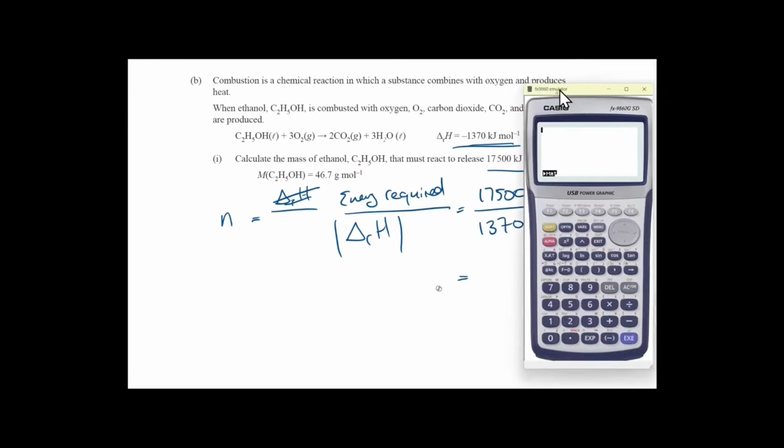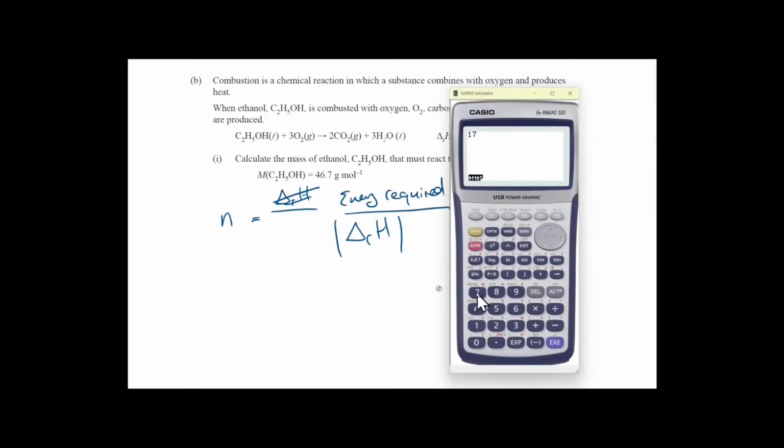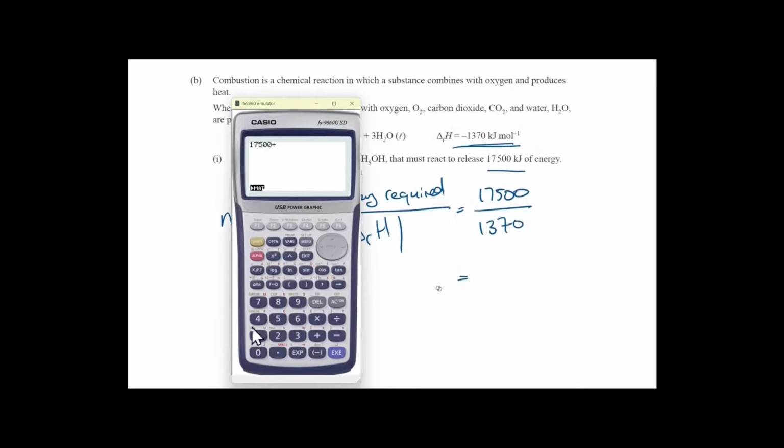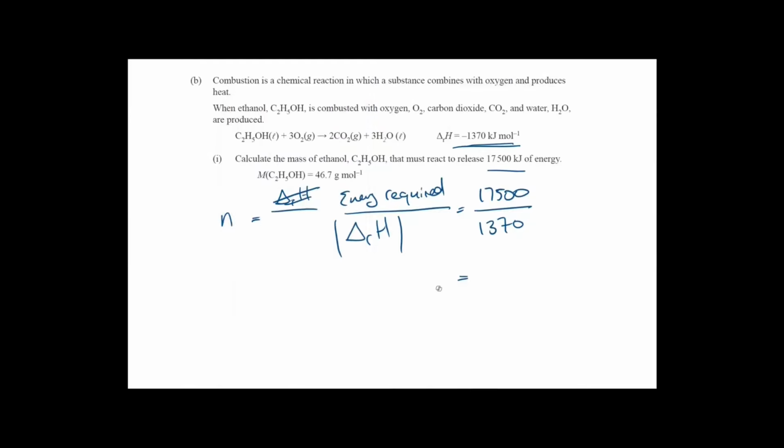And now we grab our calculator. So 17,500 divided by, what was it, 1,370 equals 12.7737 moles. That's how much we need, but the question doesn't ask that.